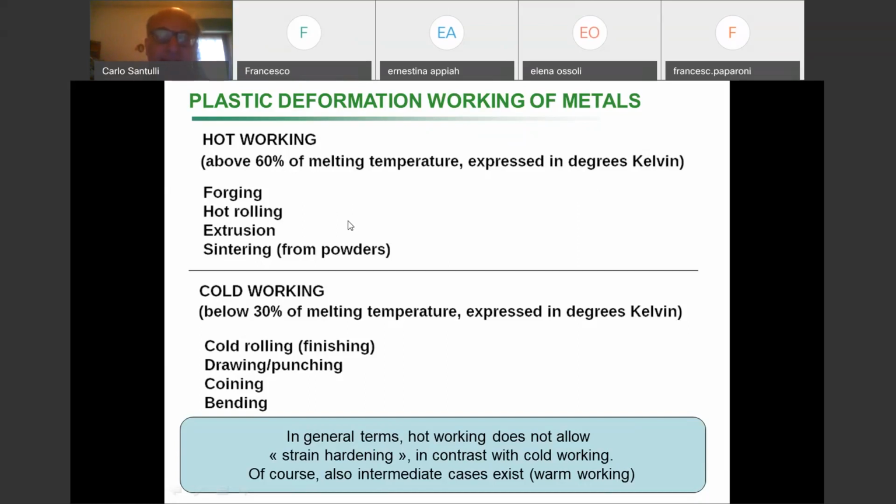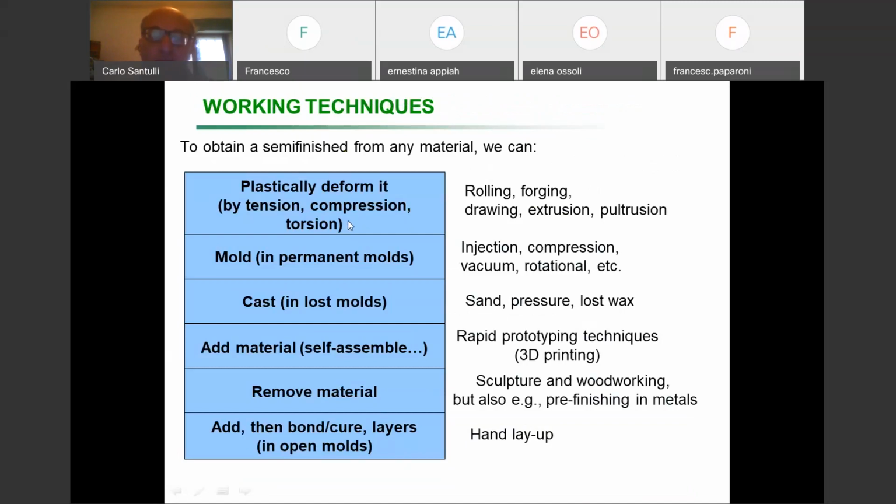in the sense that first of all, considering every material, not just metals, we have a number of ways in which we can produce objects.